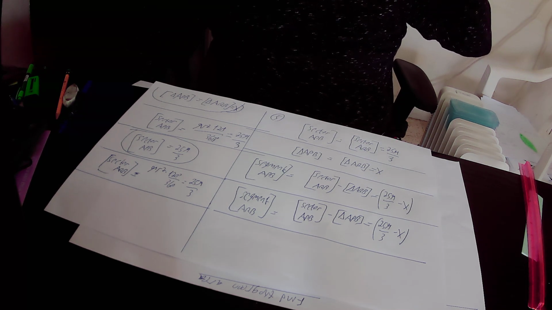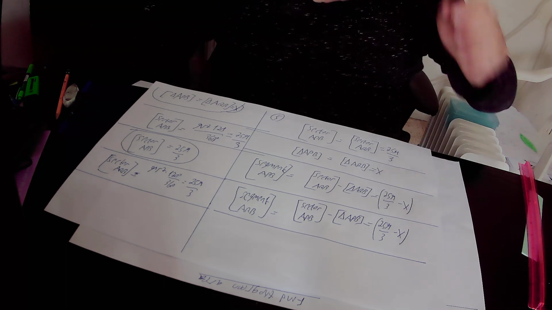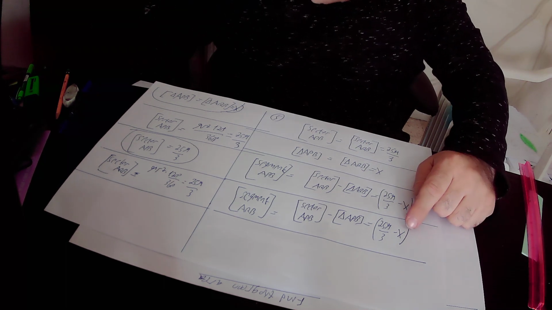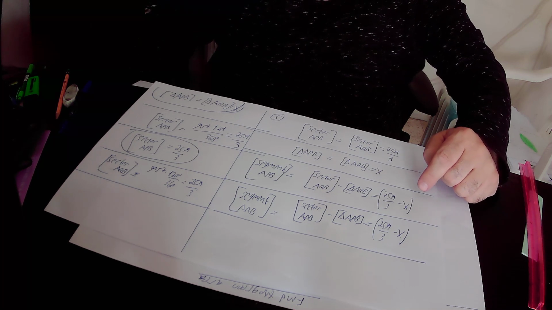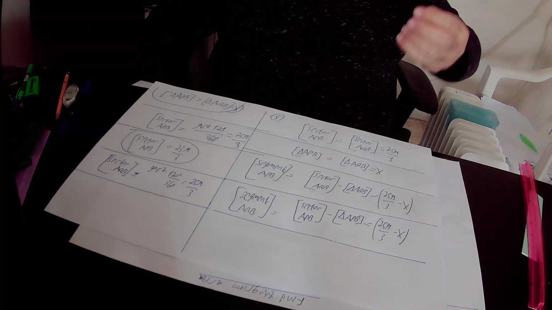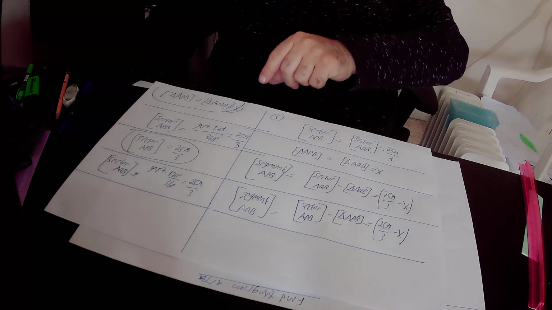Therefore, the area of segment AQB is equal to 25 pi over 3 minus x, exactly as the area of segment APB. That is to say, the area of segment APB is equal to the area of segment AQB.